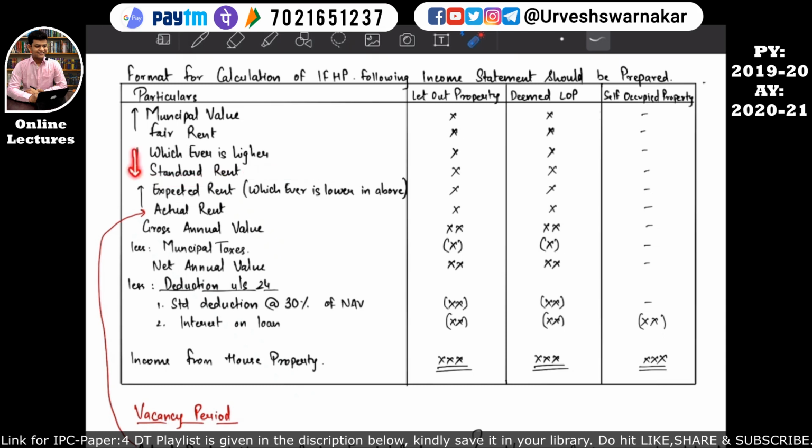Whichever will be lower will be considered as expected rent. Okay, and expected rent and actual rent will be compared together. Even if the actual rent is 0 and expected rent is say rupees 10 lakhs, the gross annual value will come to 10 lakhs. I hope this is quite clear, because expected rent of rupees 10 lakhs is higher than the actual rent 0. So that means 10 lakh will become the gross annual value.